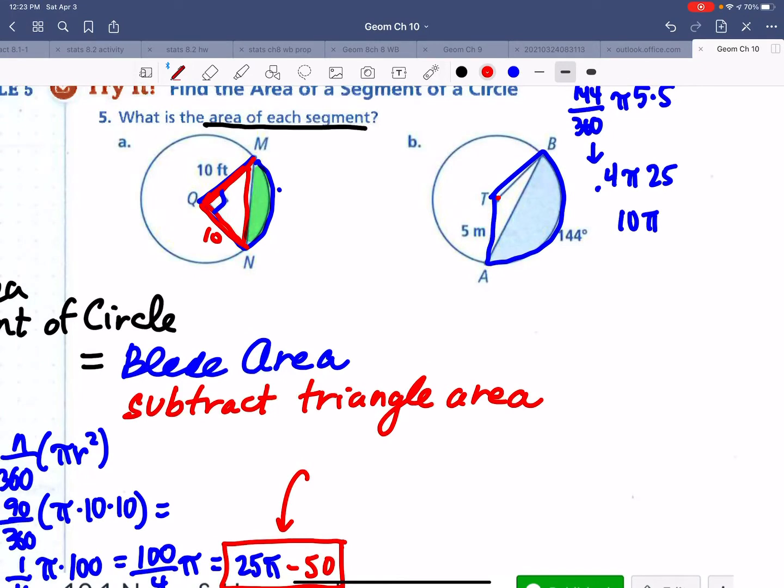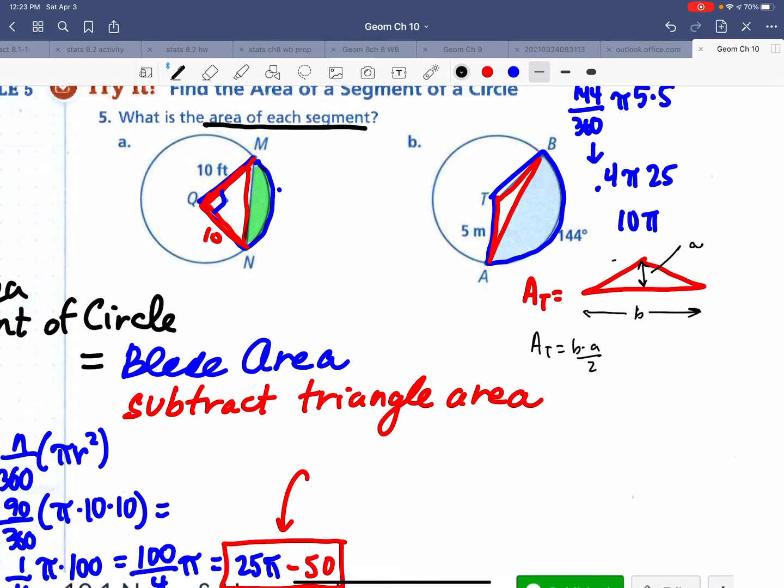Okay, now let's look at our triangle here. What is the area of our triangle? Well, again, the area of a triangle is the base times our altitude divided by 2. So you're like, I really don't know the base, and I don't know the altitude.